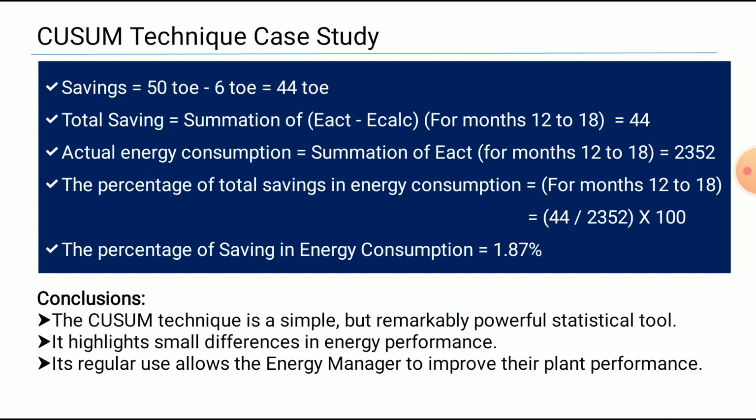So the total percentage of energy saving for months 12 to 18 will be 44 divided by 2352 into 100. So it comes to 1.87 percent.